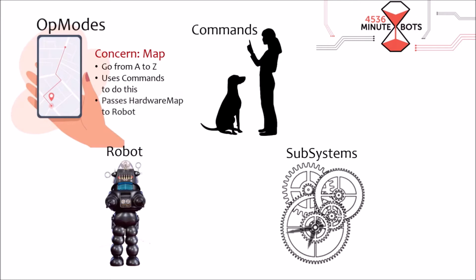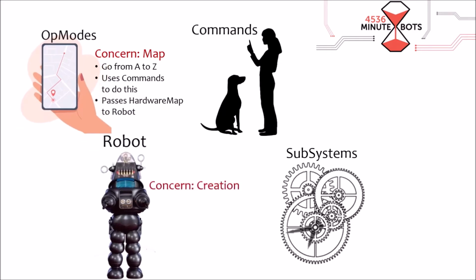It also passes what's known as hardware map to the robot. Now, when a mode starts, it is automatically loaded with the information on the actual physical hardware that is on the robot. So in order for the robot to do its job, it needs to get the hardware map from OpMode. So OpMode will instantiate the robot and hand over to it this hardware map. The robot, its primary concern is creation and overseeing commands and subsystems.